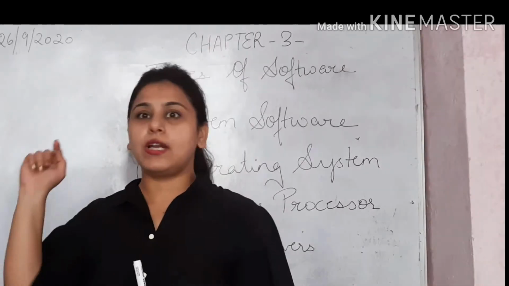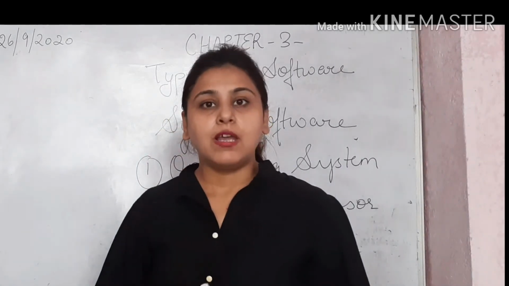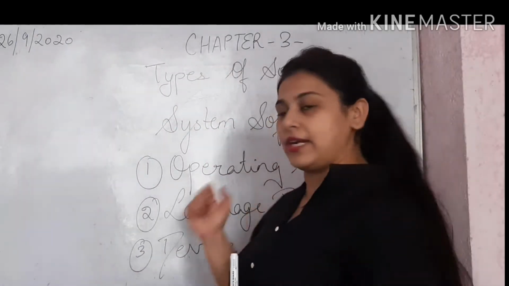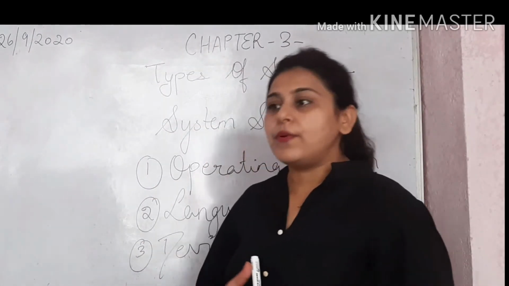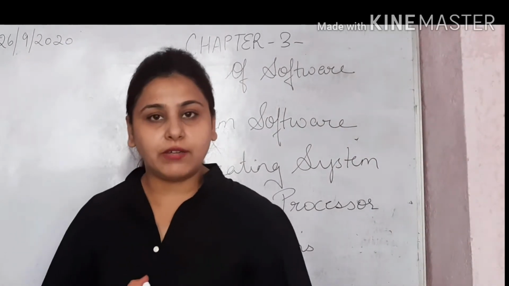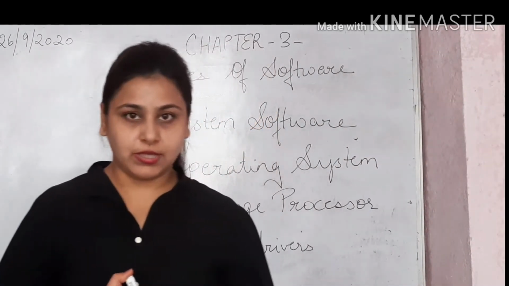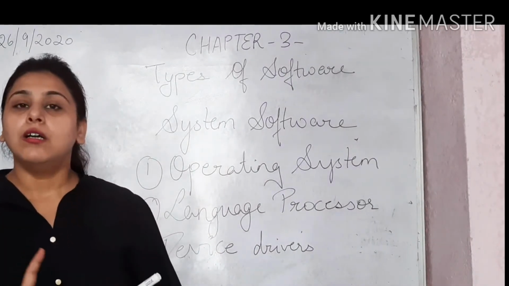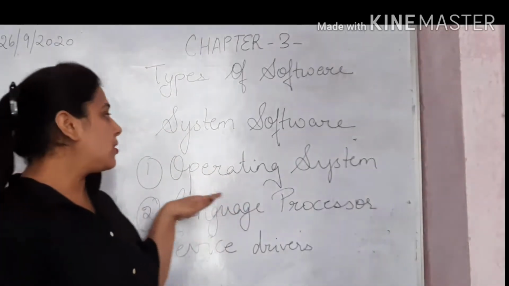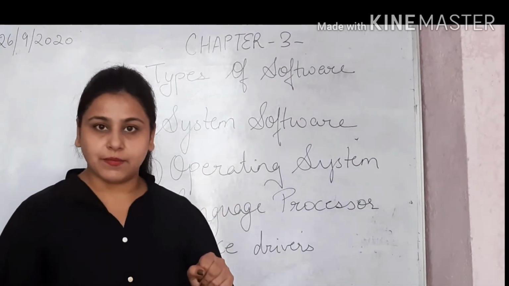As soon as you switch on your system, the first program that is loaded in your computer memory is your operating system. Then the operating system checks the proper functioning of the hardware devices attached to your computer system, like printer, keyboard, mouse, whether they are working properly or not. So this is the work of the operating system.